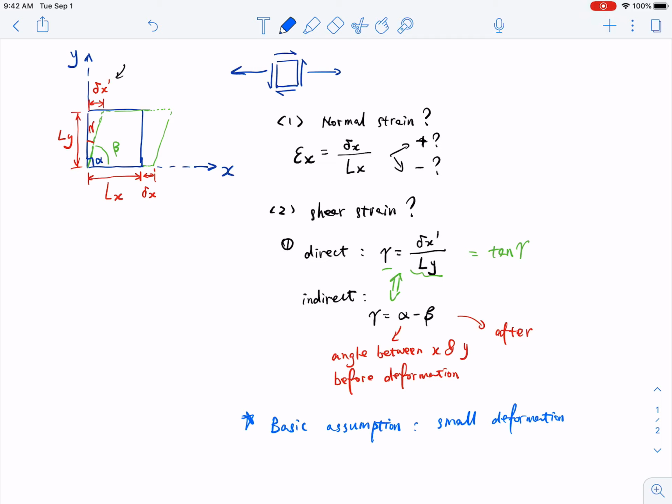We can use this equation to calculate gamma only when this deformation is small, where delta x prime over Ly equals alpha minus beta. This is a precondition of this first equation, the direct equation to calculate shear strain.